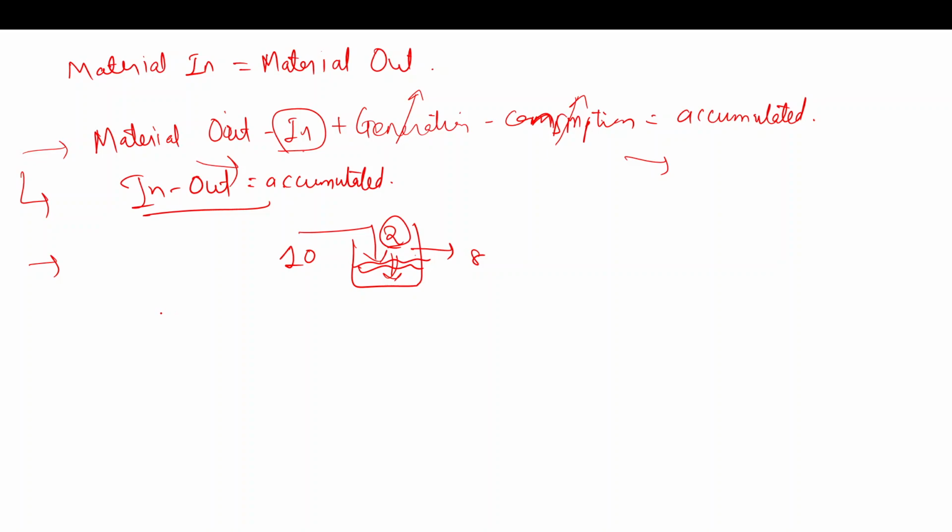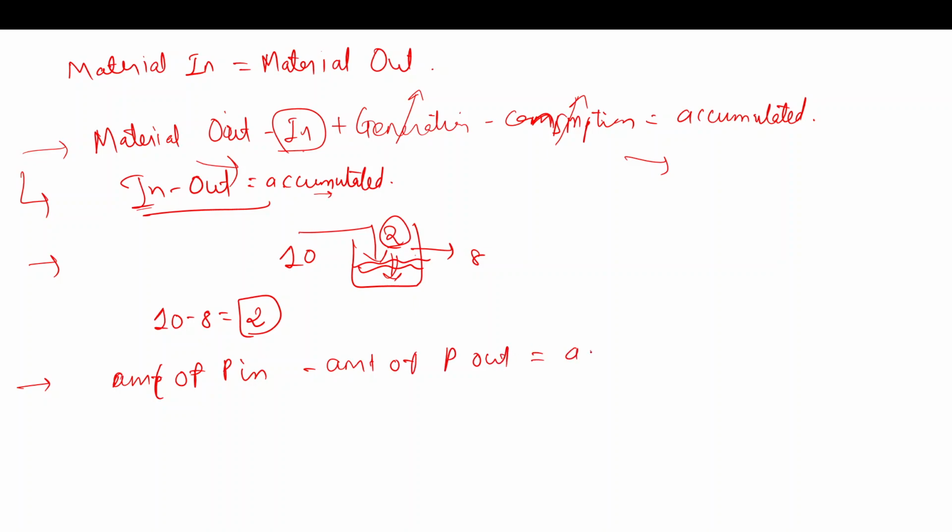So it is 10 minus 8, which is 2, which will get accumulated. So it has to be in minus out equals accumulated. So now let's write the material balance. Here it is amount of P in minus amount of P out equals accumulated.